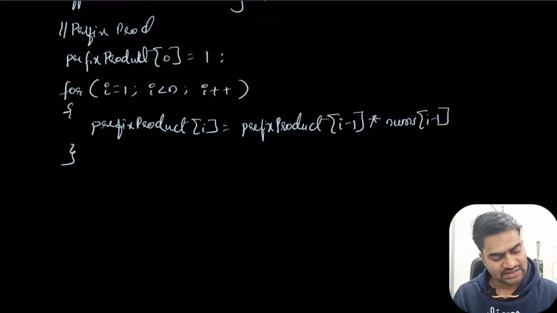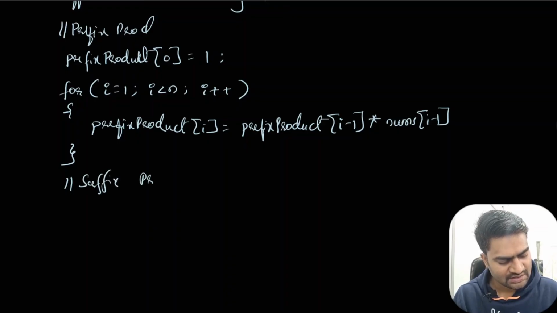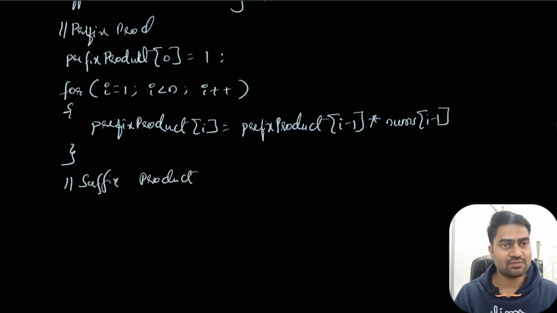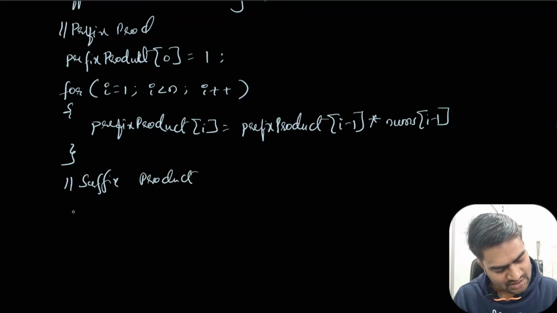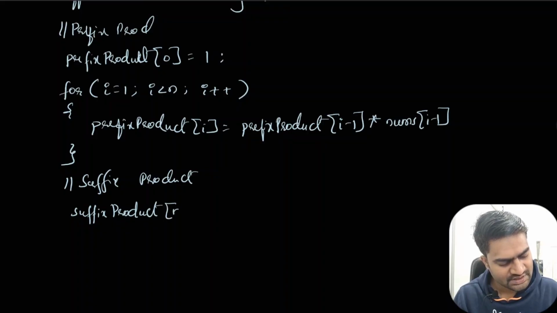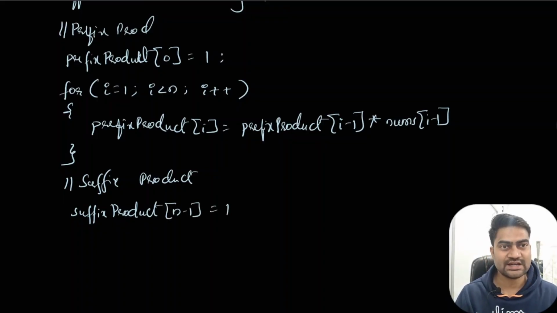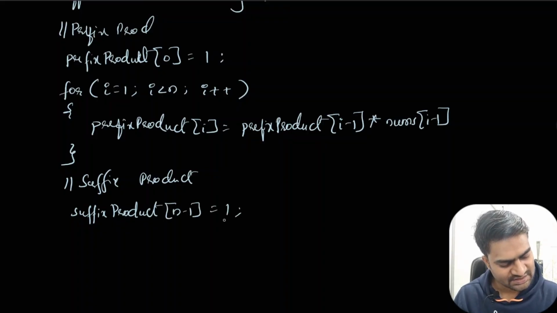Okay, now in the same way, we will also need to find the suffix product. So we will start from the right. So our suffix product of n minus 1 will be 1. Correct, right? This is our initialization.